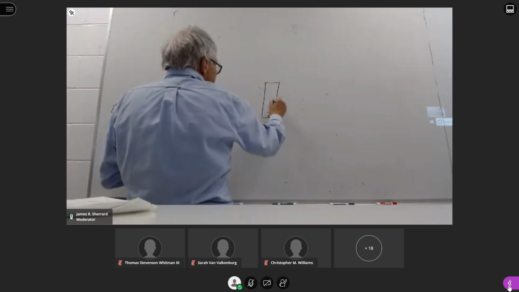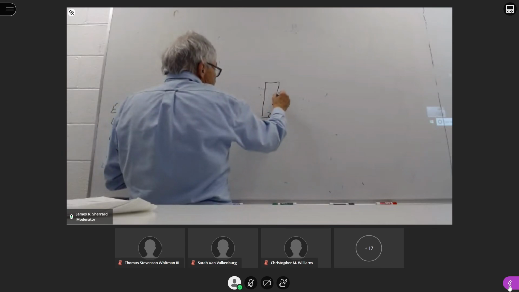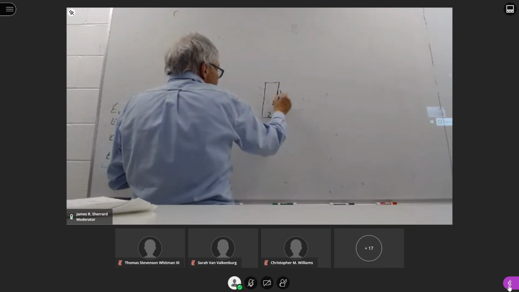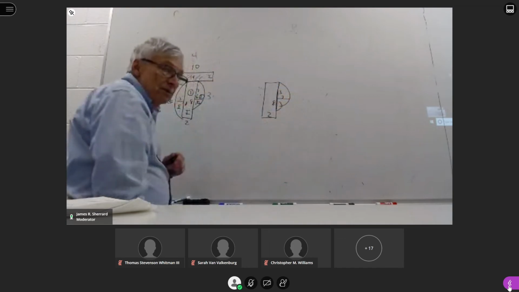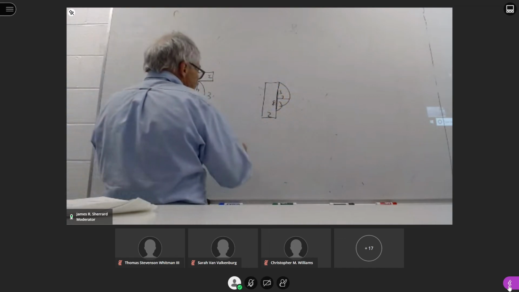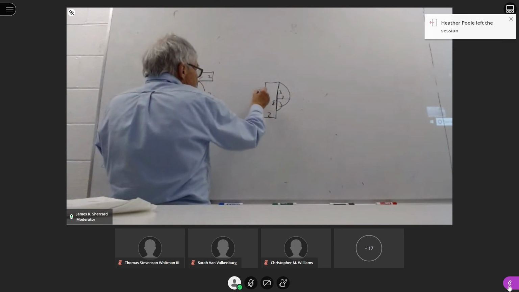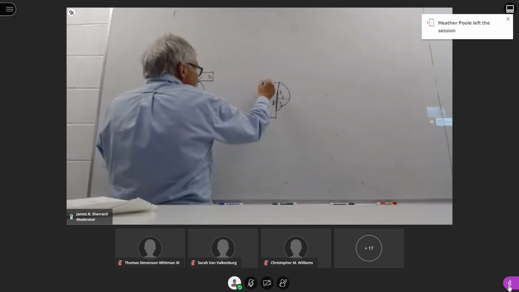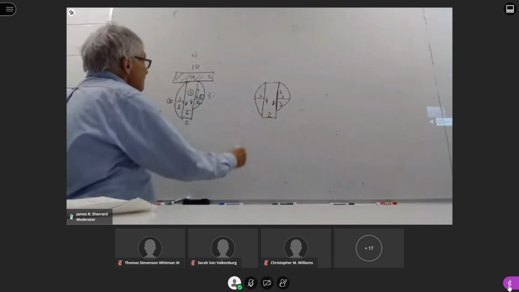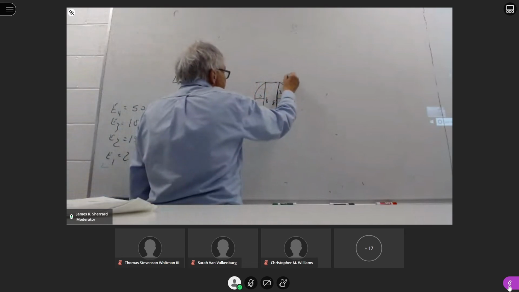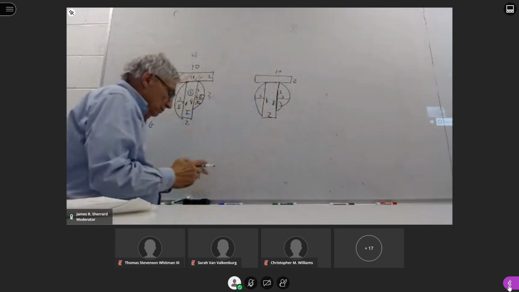So this guy is 2, this guy is 8. This is 3, this is 3, this is 3 for my semicircle. This is 3. That's 8 for my semi-ellipse. And then the top is 2 times 10.